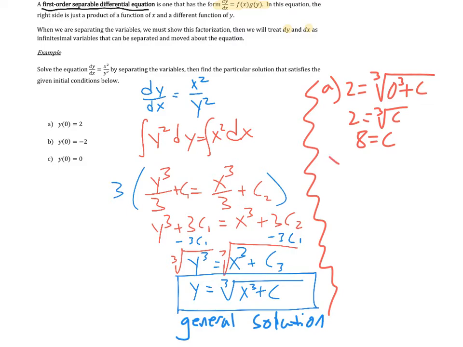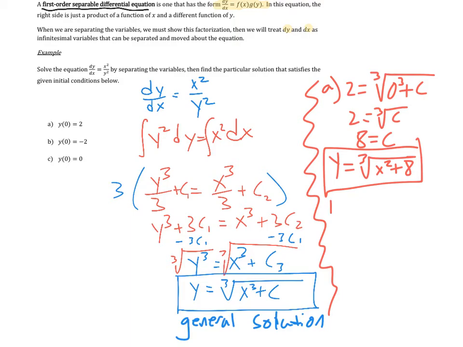So our answer here is y equals the cube root of x cubed plus 8. That is the solution of this differential equation, and it goes through the point (0, 2). All right, so let's try a couple more here, see what we end up with.